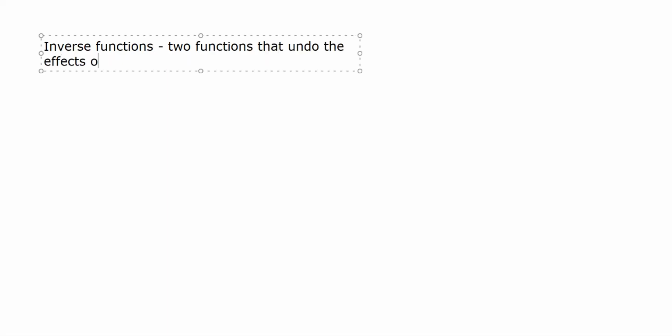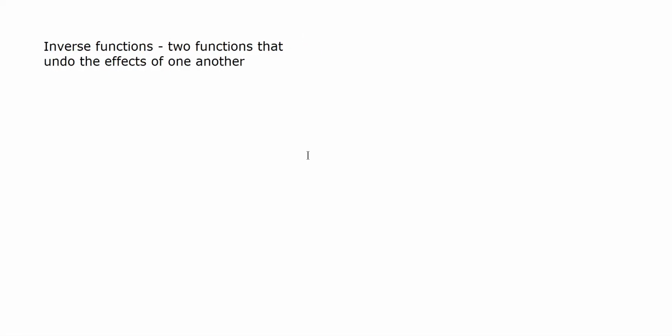Inverse functions are two functions that basically undo the effects of one another. That's a good simple definition for it. One does the opposite of the other.